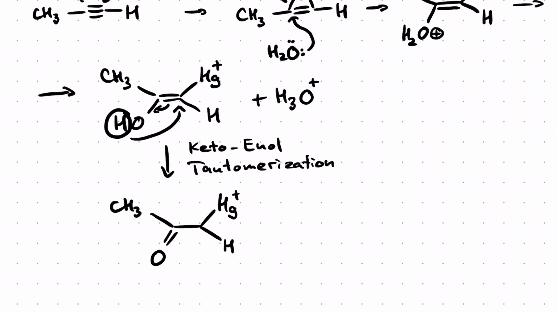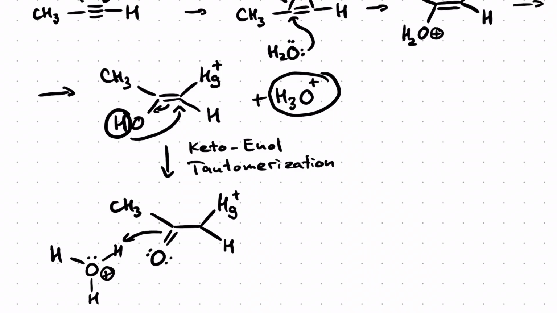We have a ketone and the H3O+ from the previous step. The keto group gets protonated by this H3O+, and this leads to two events. The double bond between oxygen and carbon breaks to accommodate the proton, and if it breaks, it means that the carbon would actually have only 3 bonds and would be positively charged.